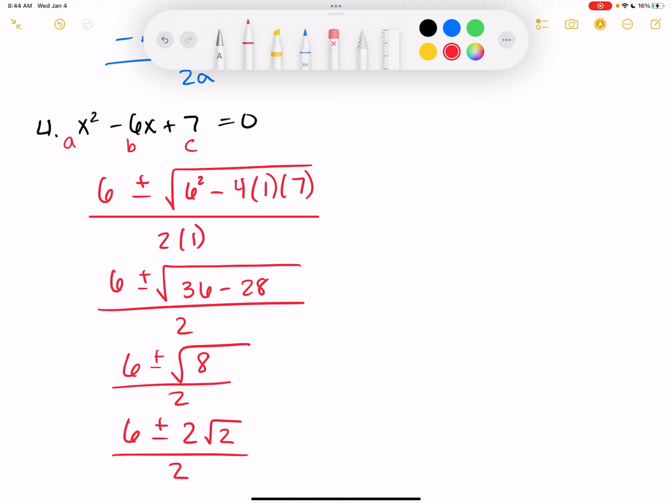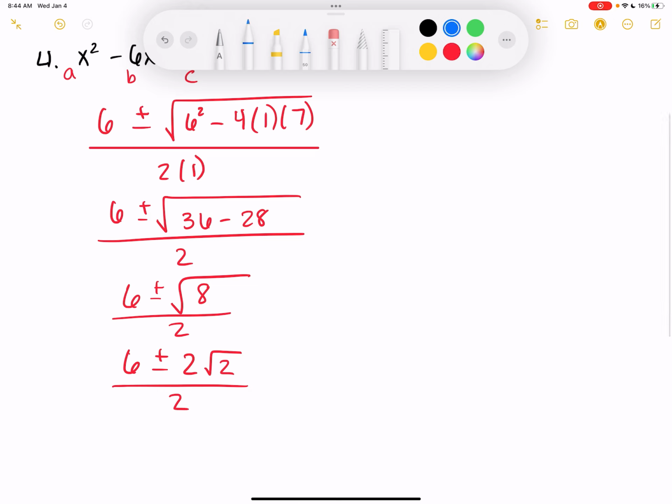Now, a common, well, this isn't a great one to demonstrate it with, but it probably looks like we can take out a 2 from, or we can reduce it down. A lot of times what happens is people will say, oh, well, 6 and 2 cancel and that leaves me with 3 and that's it. Okay, but that's not true, okay?